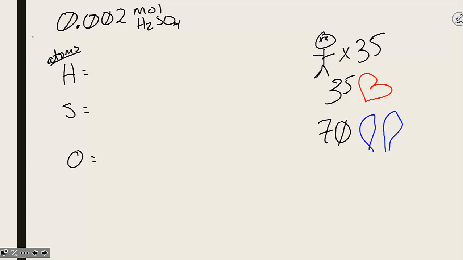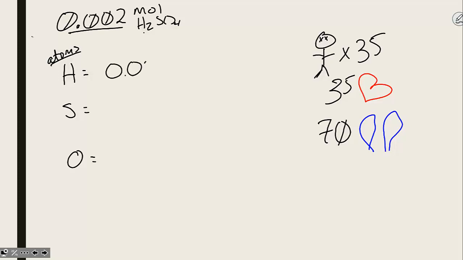If you chop up 1 sulfuric acid, you would get 2 hydrogens, 1 sulfur, and 4 oxygens. But we're not chopping up just 1 sulfuric acid. We're chopping up 0.002 sulfuric acids.